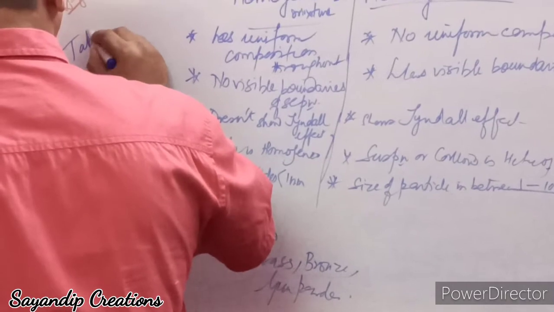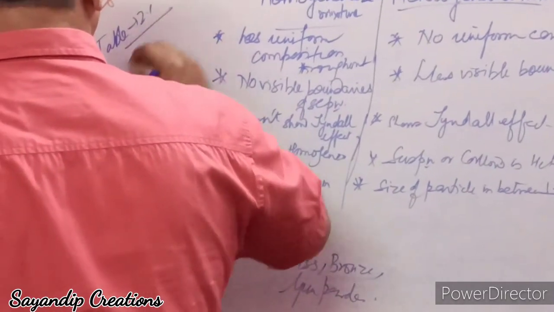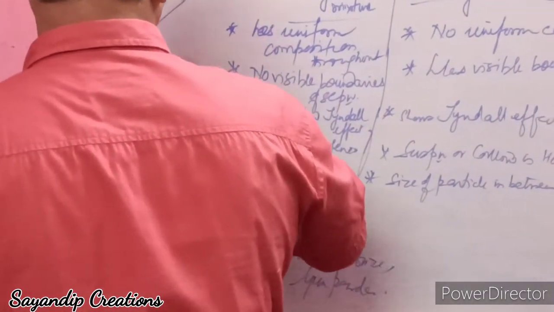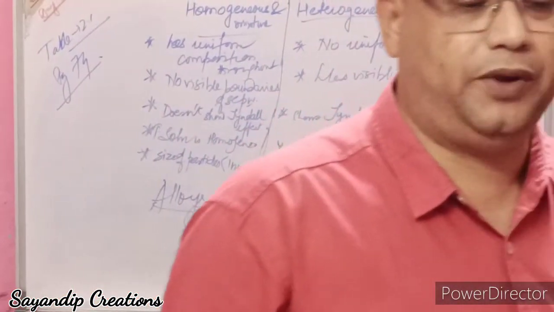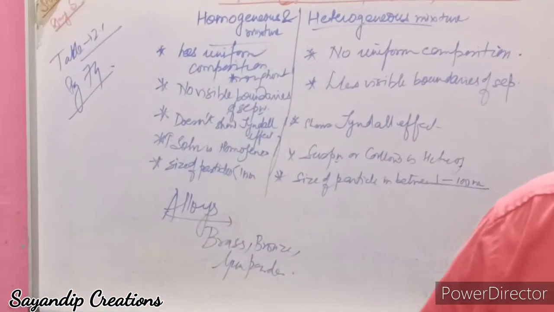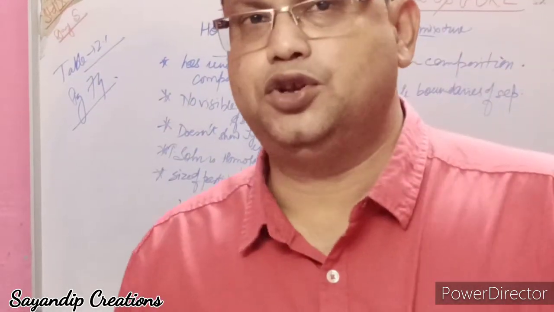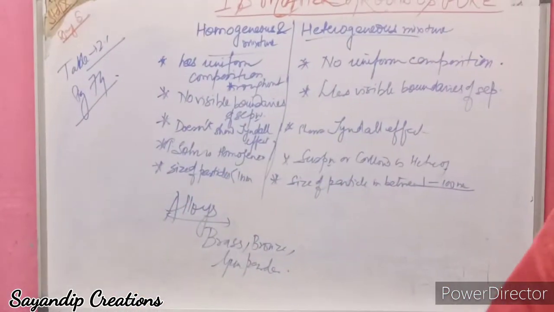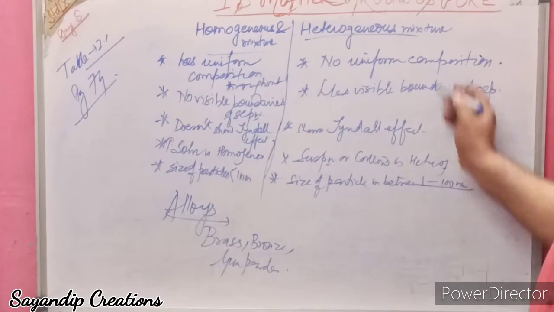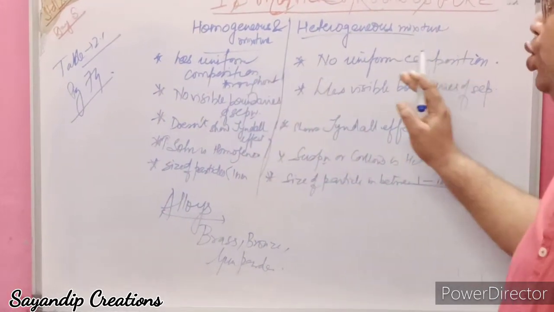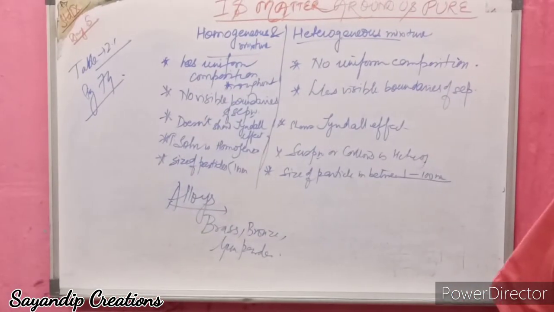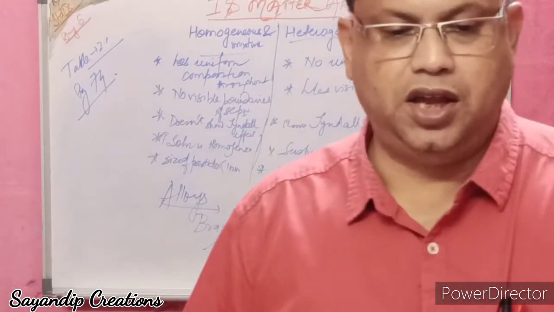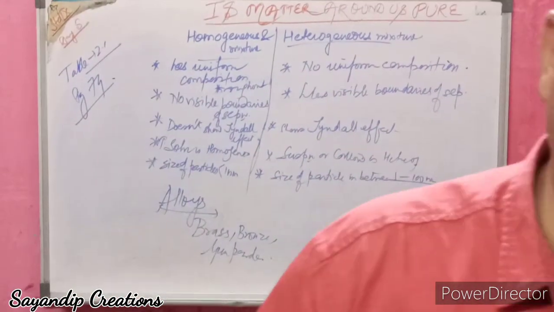Please write this chart, Table 2.1, page 74, from your school book in your copy. Please note down whenever I give you the notes. While I have taught you this much, please go through it and try to note it down. Along with this, you will write some NCERT questions given on page number 75.